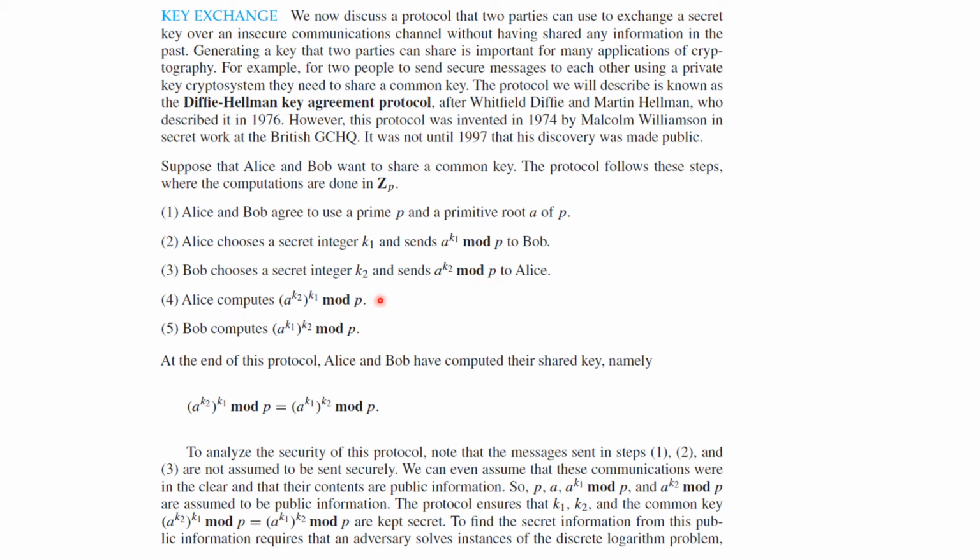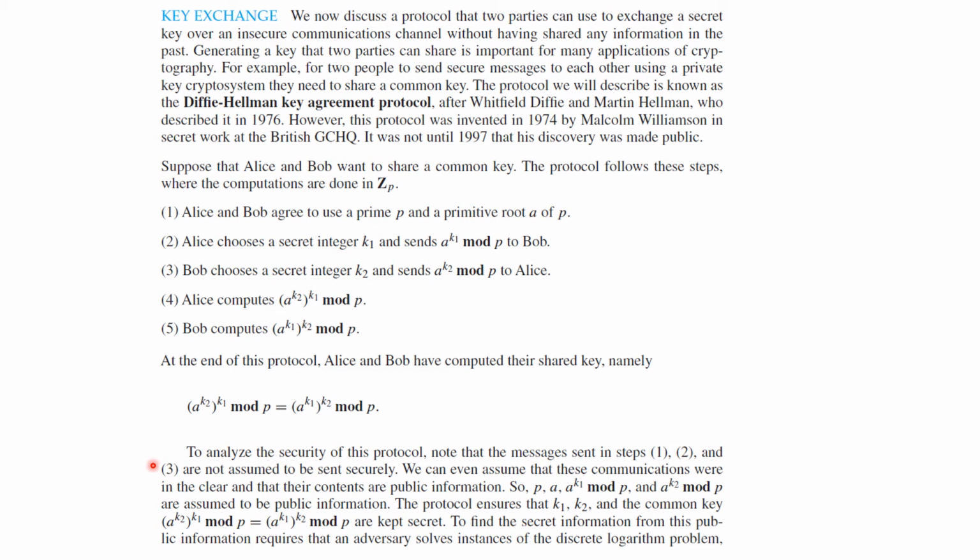Alice computes this and Bob computes this. You see they're both computing the same thing because of properties of integers, but k1 and k2 remain secret. At the end of this protocol, they have computed their shared key, namely this one.